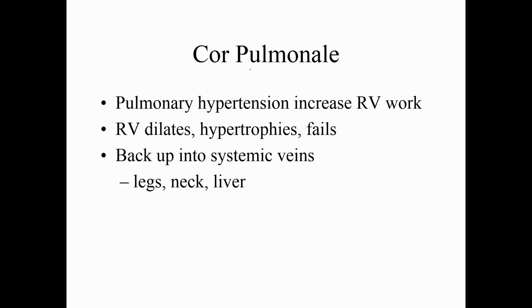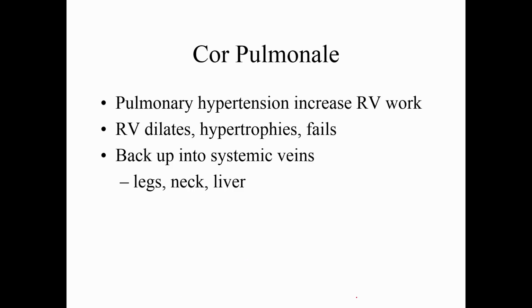All right. So pulmonary hypertension increases the work of the right ventricle. Remember, afterload. So you're asking the right ventricle, which is not built for a high afterload, to work against a high pressure. And the right ventricle dilates, it hypertrophies, it fails. This is a condition called cor pulmonale, and this is obviously life-threatening.